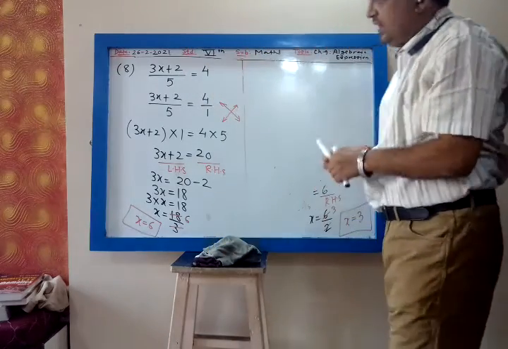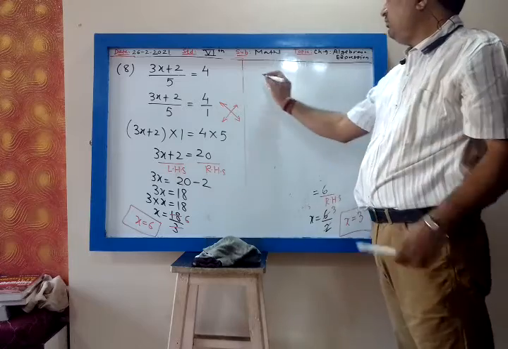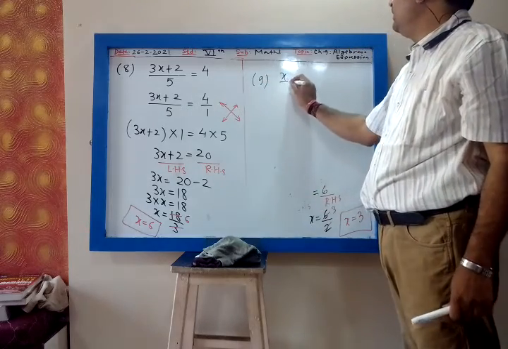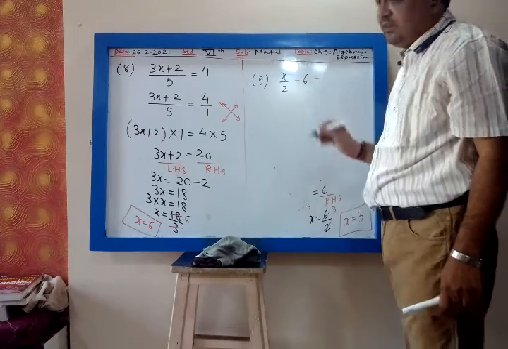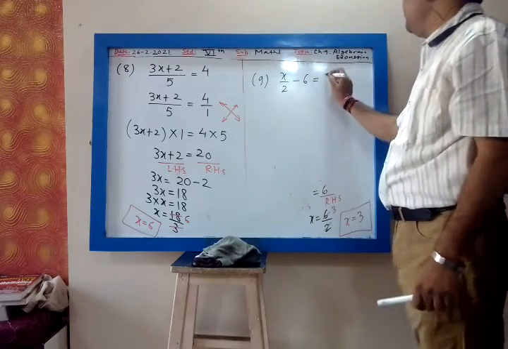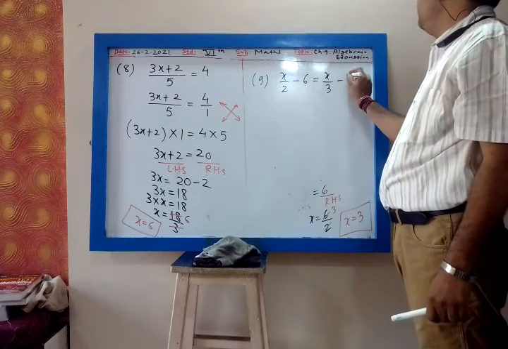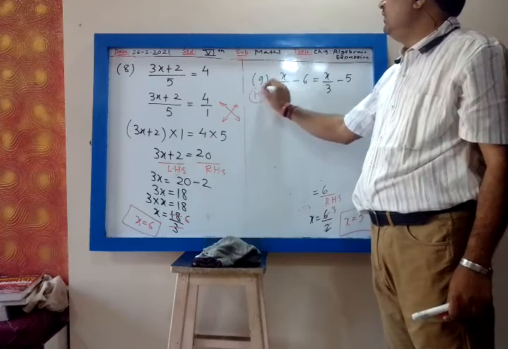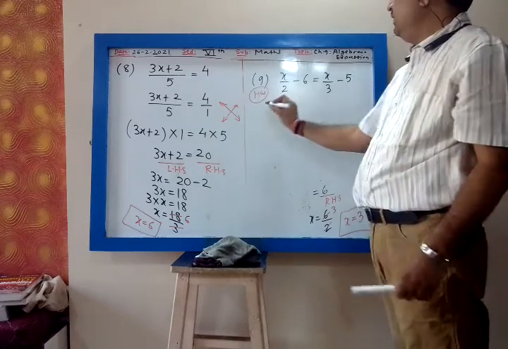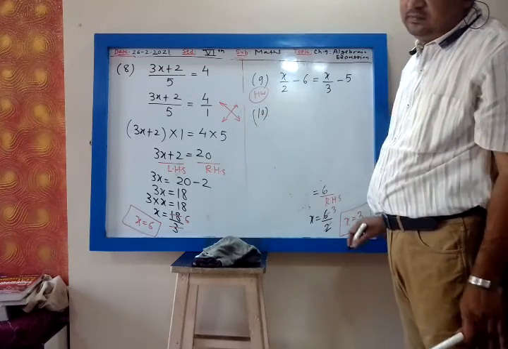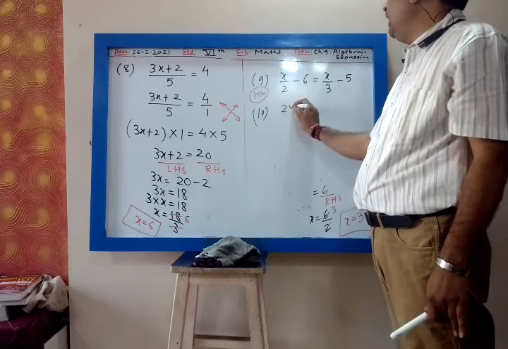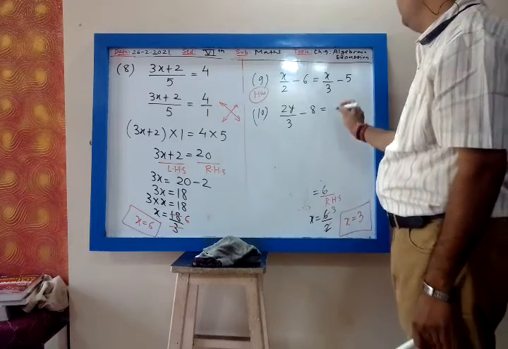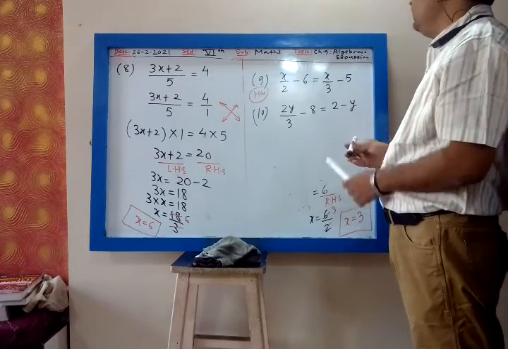Then the same problems are there. 9: x upon 2 minus 6 is equal to x upon 3 minus 5. This will be given as homework, same as the 7th one. Then 10: 2y upon 3 minus 8 is equal to 2 minus y.